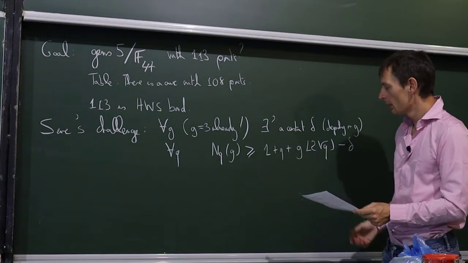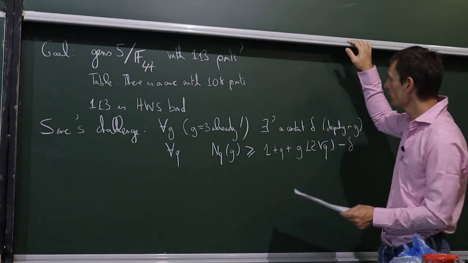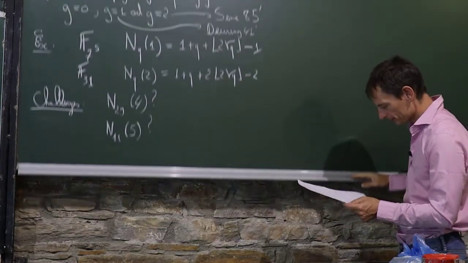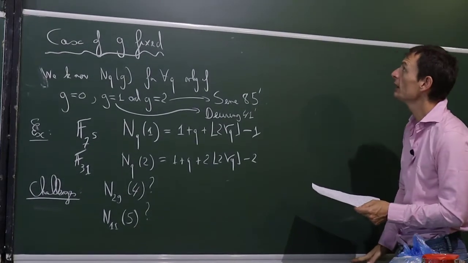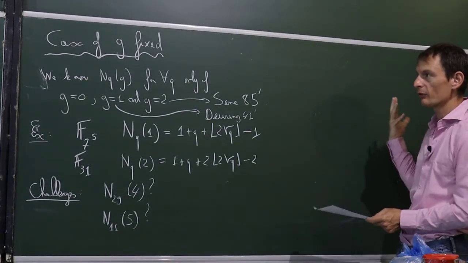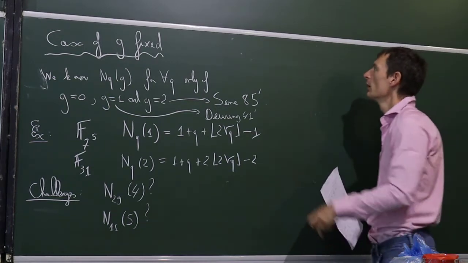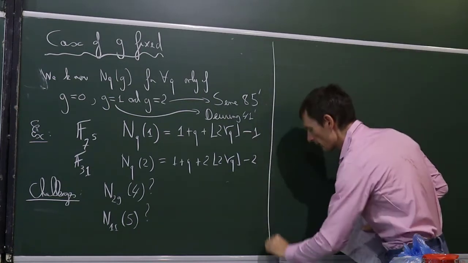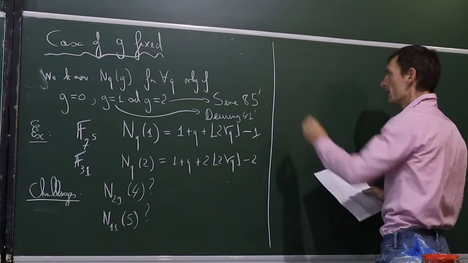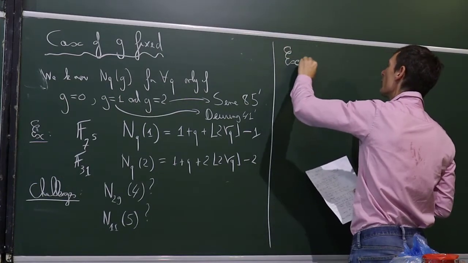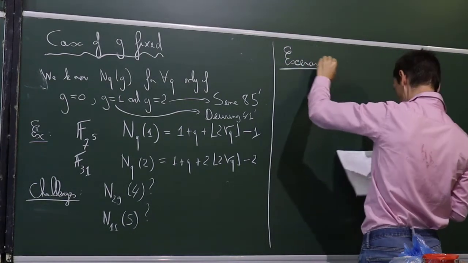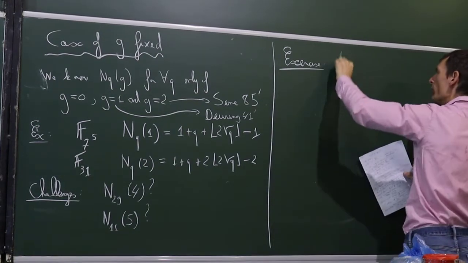Okay, let me also give you one exercise, to see that even if we can't populate these tables as much as we want, we can always at least find some boxes that we can fill. So, exercise. Consider what is called the Hermitian curve.